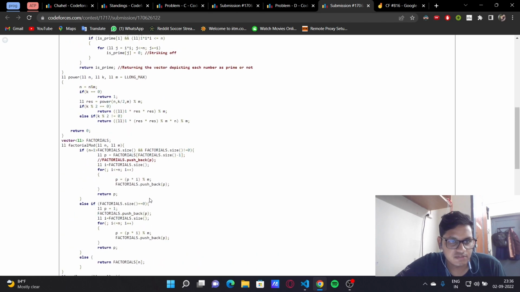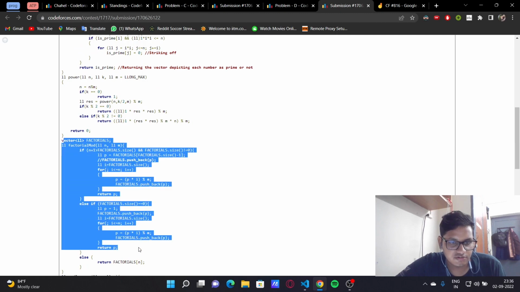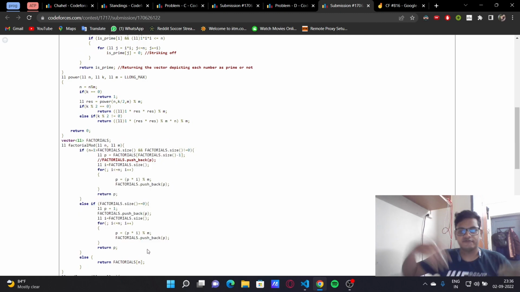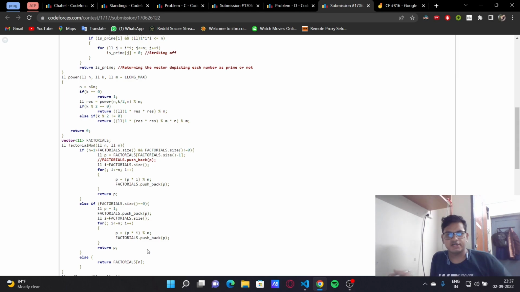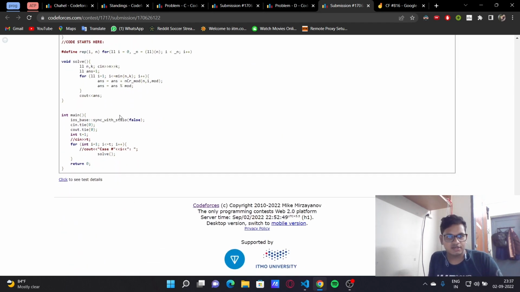This factorial mod creates a vector of factorials which stores all factorials from 1 to n. So we are pre-computing all factorials from 1 to n. That will take us O of n time, and after this, we can access any factorial in O of 1 time. So we are calculating each NCR in O of 1 time and then adding it.